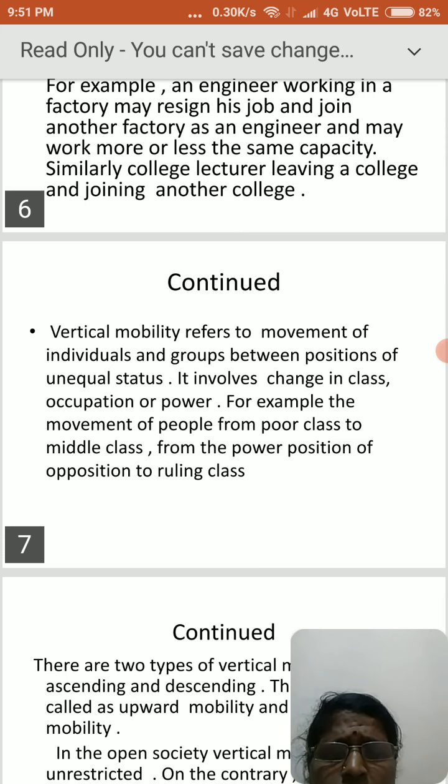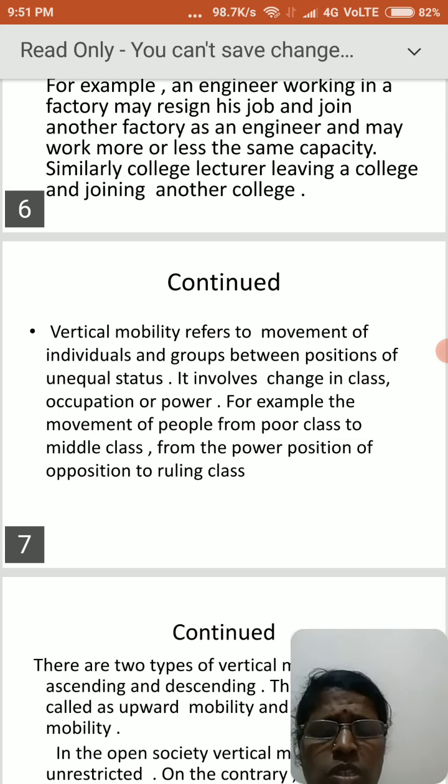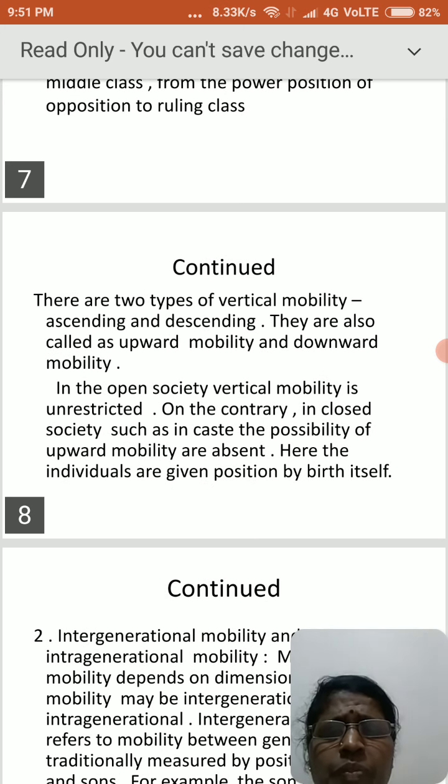And there are two types of vertical mobility, the ascending mobility and descending mobility. They are also called upward mobility and downward mobility.